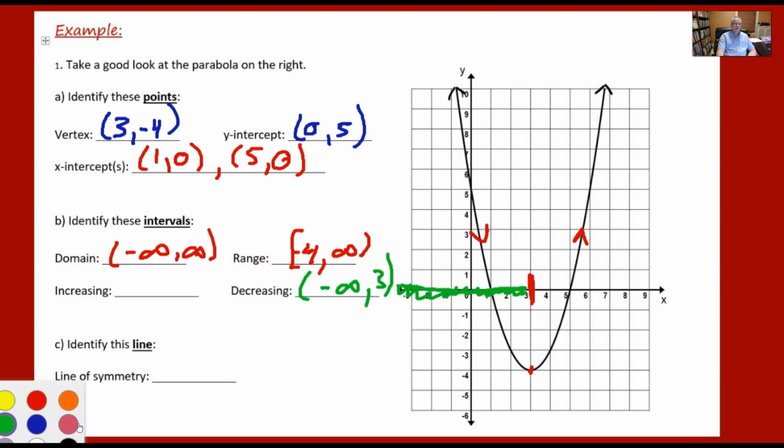On the other side, these are the x values where the graph is going up. The graph starts going up right here, and it's going up, up, up on the right side. It's going up for values of x that are greater than 3. So the interval where the function is increasing is from 3 to infinity.